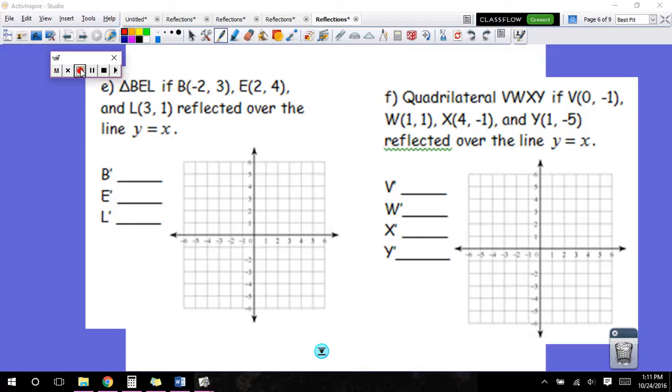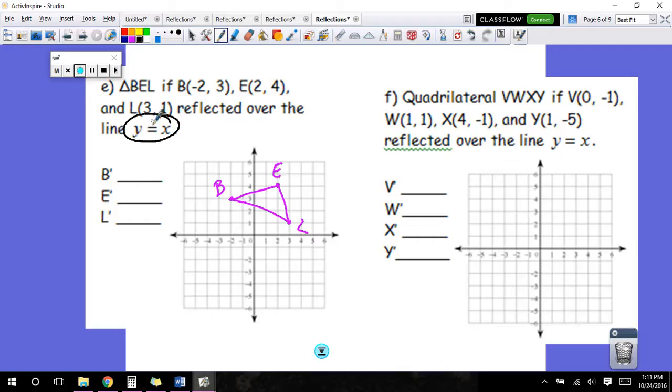Start by graphing. Be very careful, we're going to change how we're reflecting this time. This time we're reflecting over y equals x.